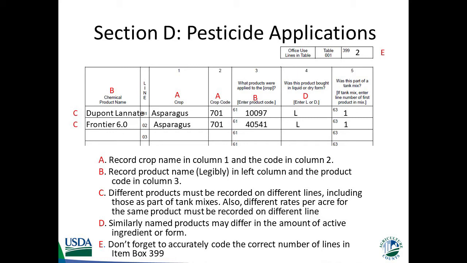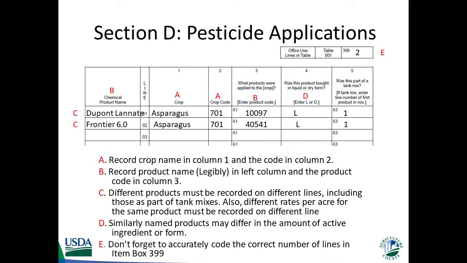In the leftmost column, legibly record the name of the chemical applied to the crop specified in column 1. In column 2, enter the crop code associated with the crop name. As a reminder, crop codes can be found in the table on page 5. In column 3, record the 5-digit product code associated with the chemical applied.